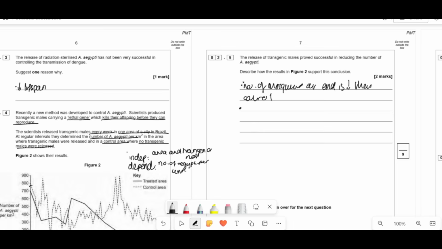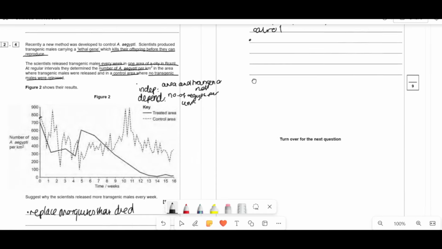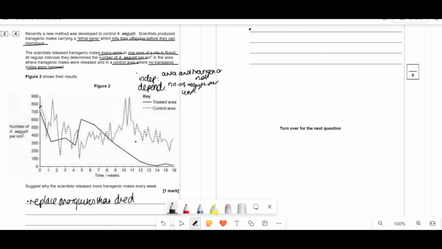We should really say at what point, because it says describe the results, so like at 16 weeks-ish, for example. You can't just say simply releasing more equals low. This has to be a comparative statement. So at the 16-week mark, it starts to become lower at the very end, but it becomes really, really low beyond like the 12-week point.